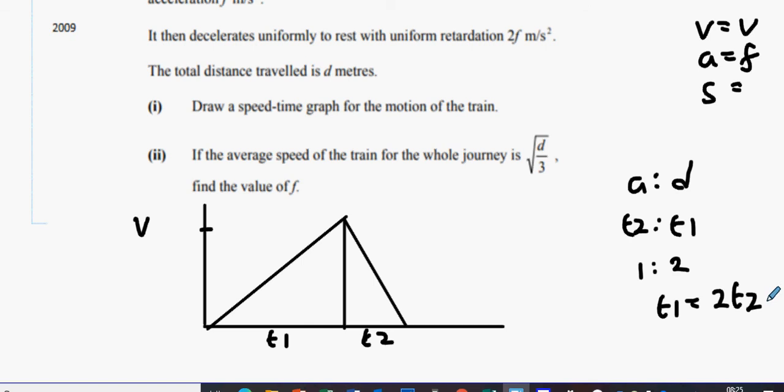For argument's sake, let's say t2 equals t. So what can we say about the whole thing? The first part is 2t, and the second part is t, and the total time is 3t. Okay, so that's our speed-time graph.